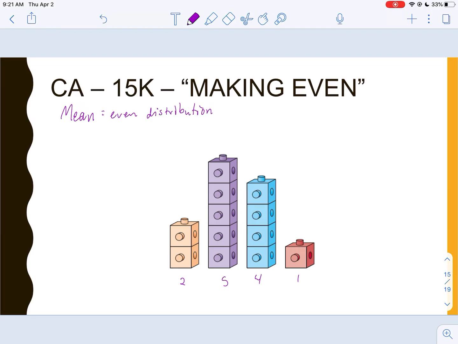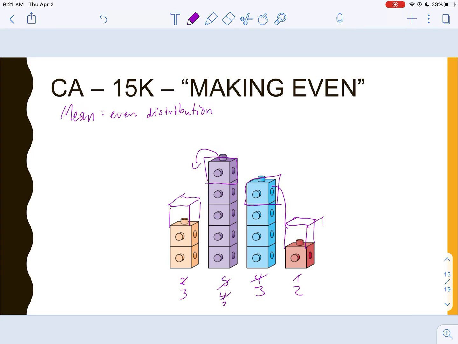Okay, so if you think about that, I've got this one, which obviously has a lot, so I'm going to take this one and move it over here. So now I've got 3 in here, 4 here, 4 here, 1 here. Obviously I need to move some over this way. So if I move this one down, this one now has 3, this one has 2, and we can see we're almost even.